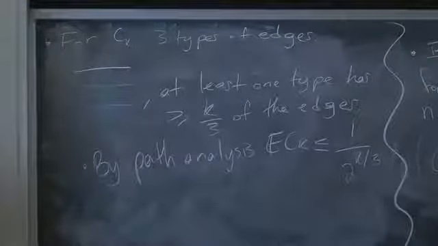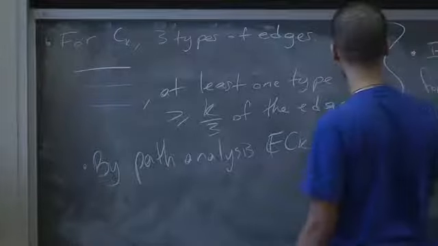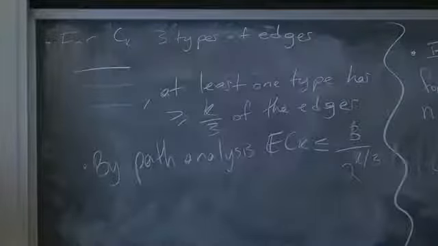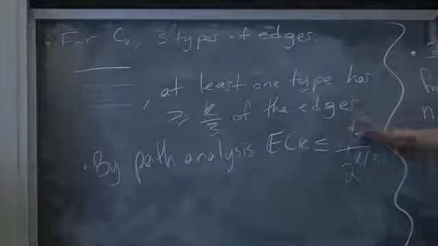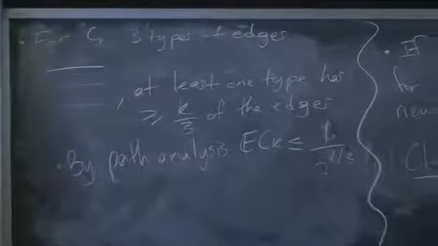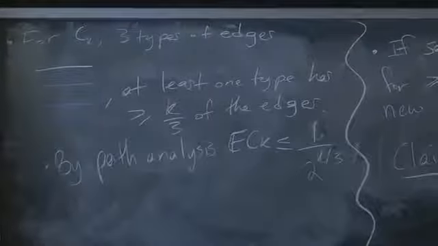Or maybe 3 over 2 to the k over 3 by union bound over the different colors or something. Is that what I want to say? No. Just look at the longest of the three groups and just ask what's the probability that you see that. Okay.